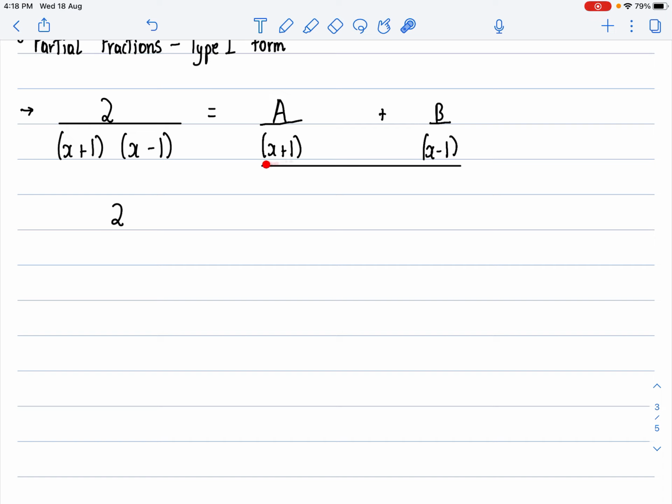I have an x plus 1 here. I have an x plus 1 here also. But what is missing here? An x minus 1. Correct? That means that will be multiplied to the numerator. So I can write this as a into x minus 1, as that's what is missing here.